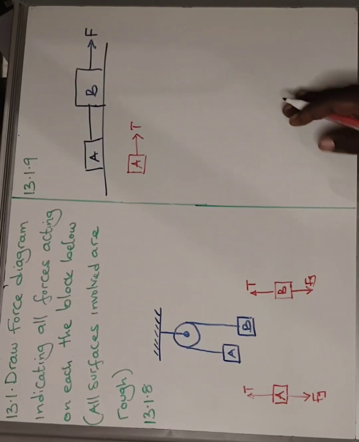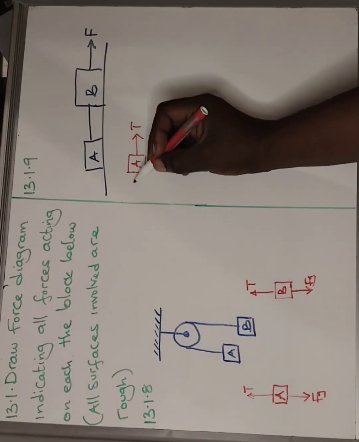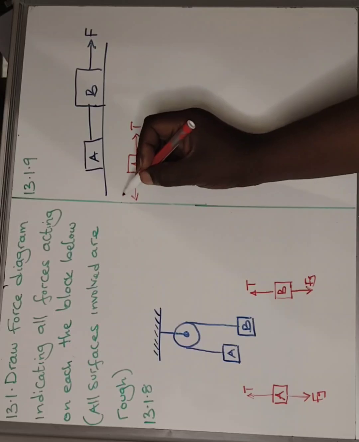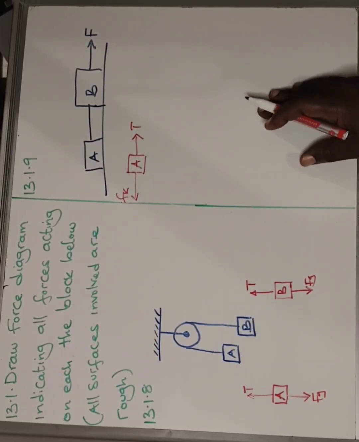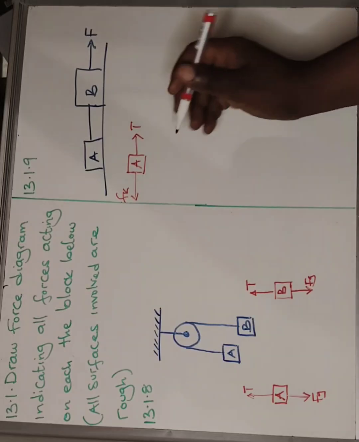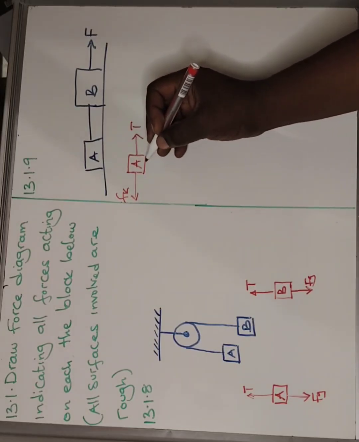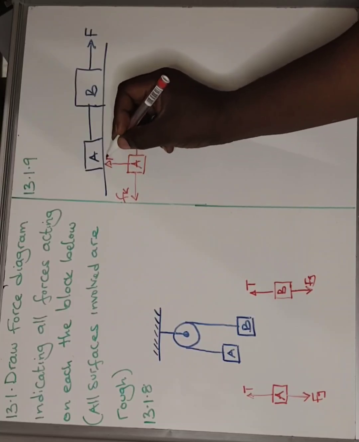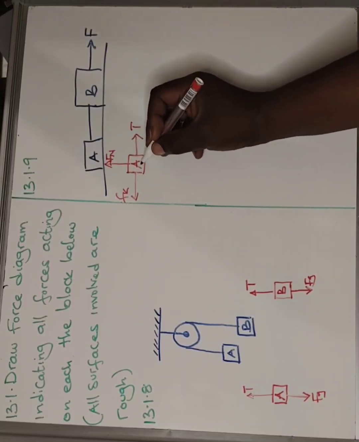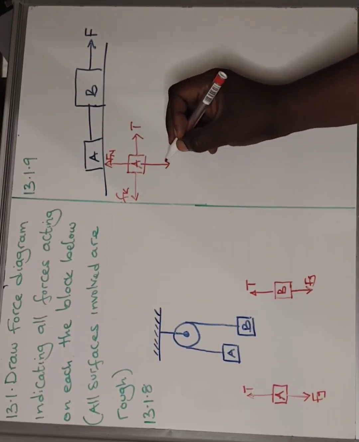What else do we know? It is rough, which means that our Fk is this side. It is sitting on the ground, so that causes our normal force and our traditional Fg.